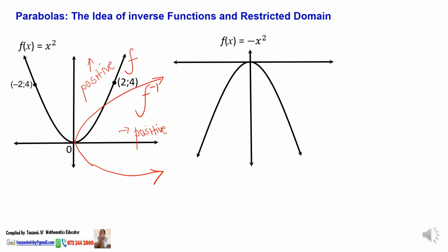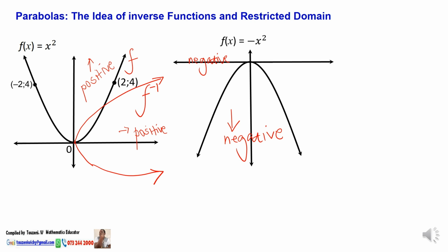Let's have a look at a different equation. f of x is equal to negative x squared. Now, my graph is going towards the negative side. It is going to negative infinity. Now, the negative side is where the inverse is going to face.